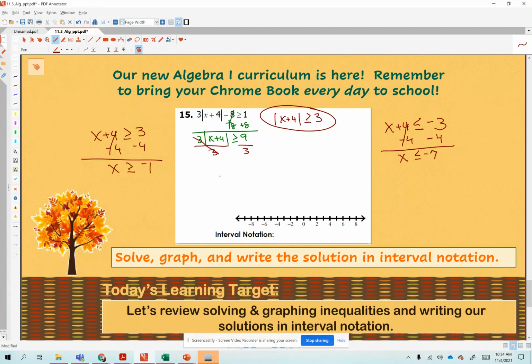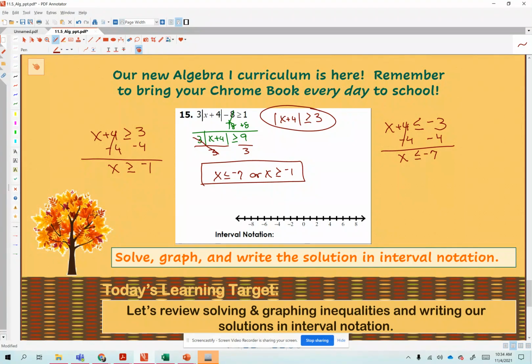So my final answer: x is less than or equal to -7, or x is greater than or equal to -1. So I will be graphing this with closed dots.